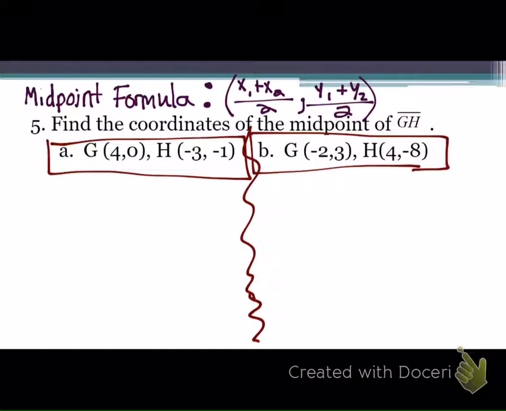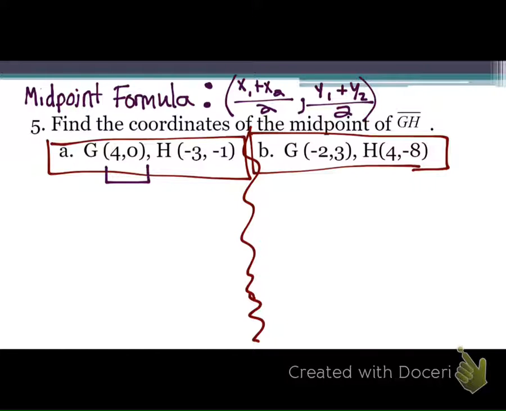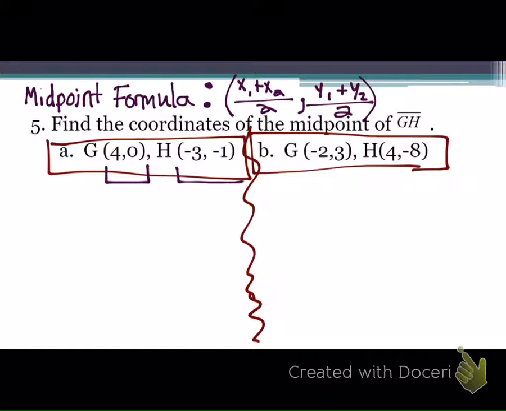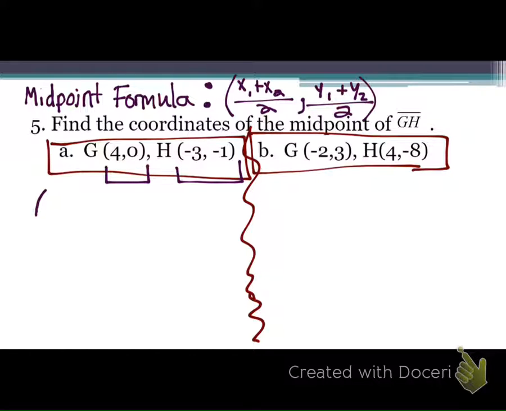So, let's look at this. It says, find the coordinates of the midpoint of GH. So we are given two coordinates here: 4, 0 and -3, -1. To find my x value, I am going to add the x's and divide by 2, just like up here.